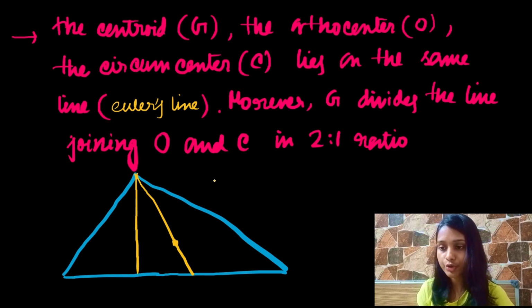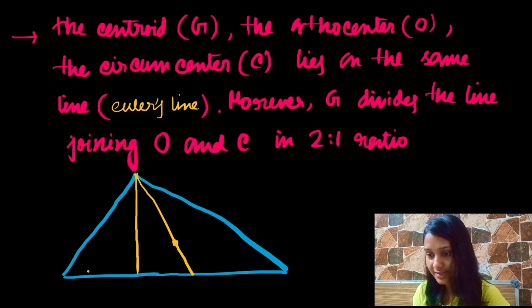And also if we draw the perpendicular bisector, that will give the circumcenter. So this is the bisector. If we draw the perpendicular here, so C will be here.